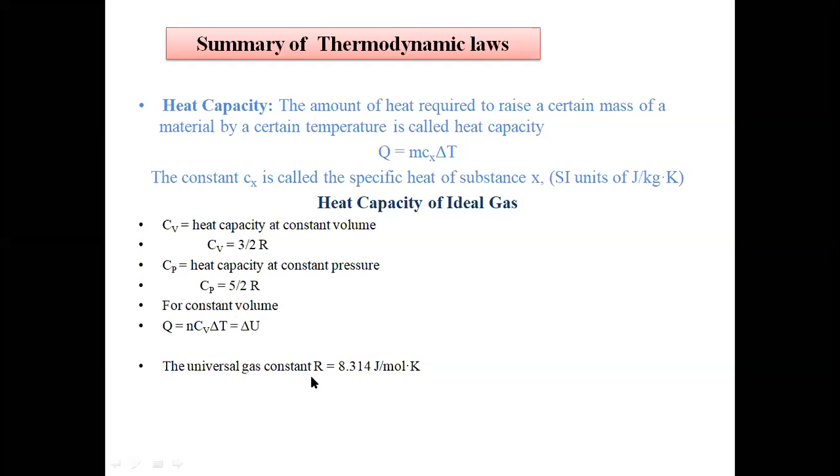And the universal gas constant R equals 8.314 joule per mole Kelvin.